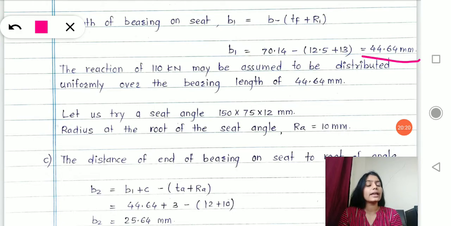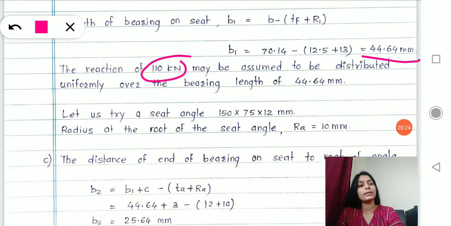Now the reaction of 110 kilonewton, this reaction they have mentioned in our problem, right? From there we understood that at that joint the shear to be transferred is of value 110 kilonewton. Now we are assuming it is distributed uniformly over the bearing length of 44.64 mm. What it means?